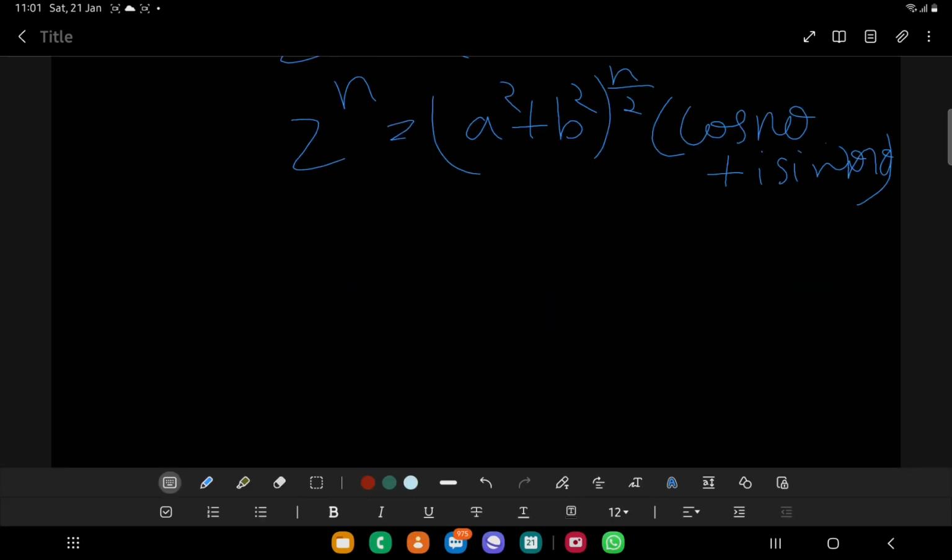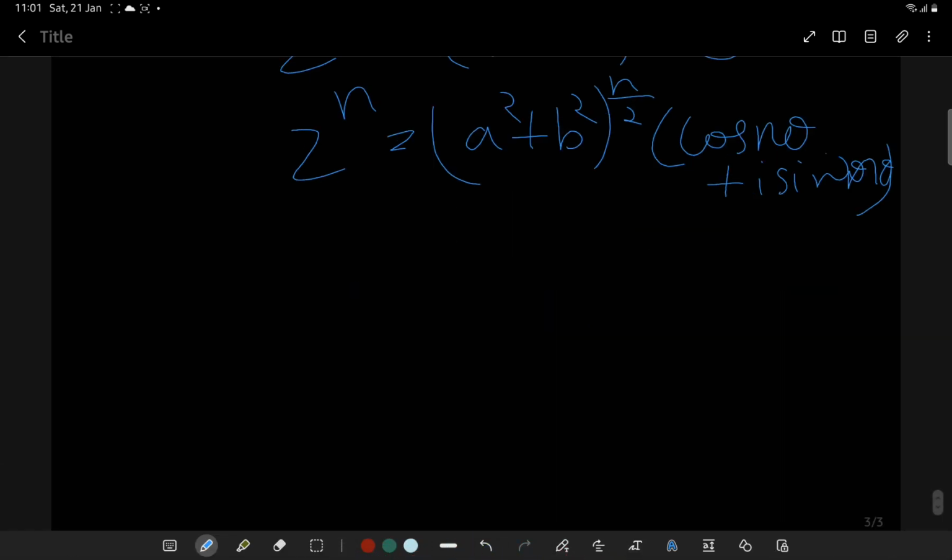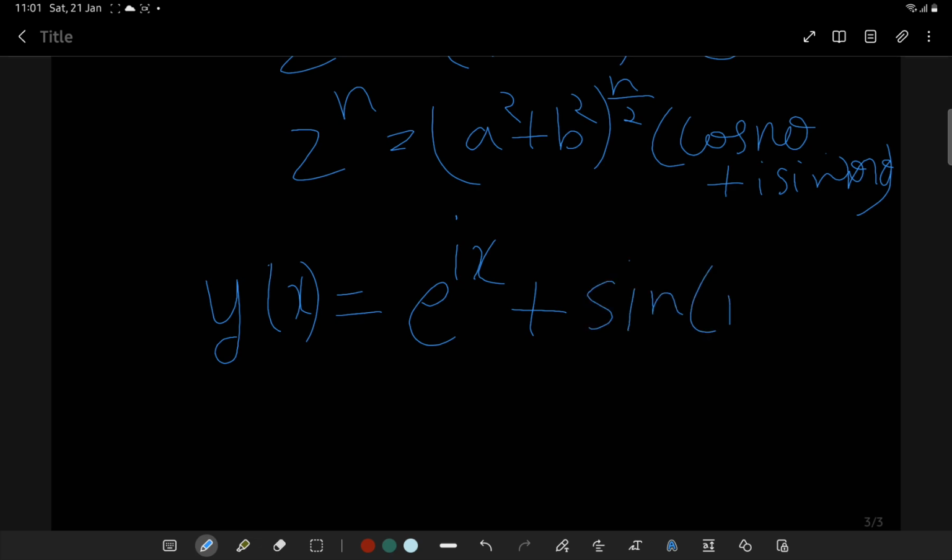I'll also give a small introduction to complex numbers in calculus. For example, let y of x be e power ix plus sin ix square. This is too complicated for understanding, so I'll just take the e power ix example.